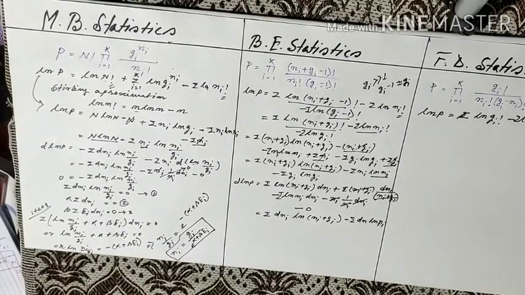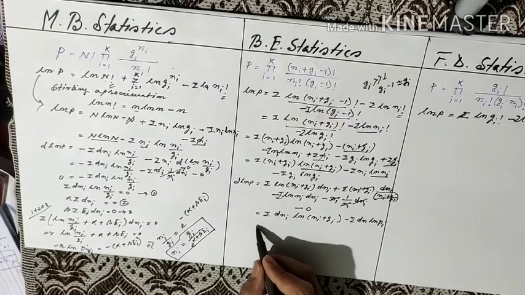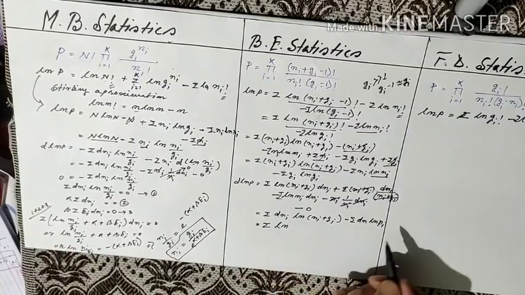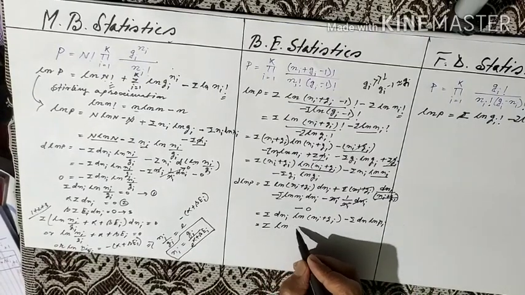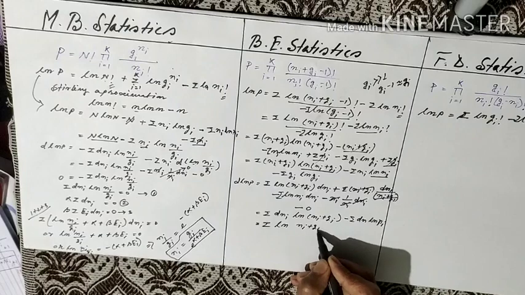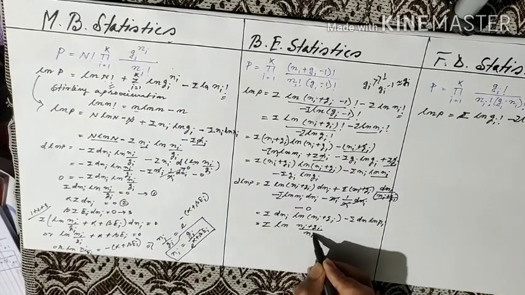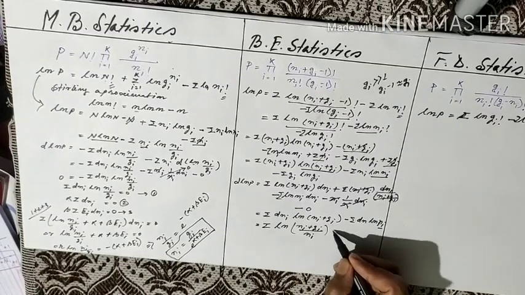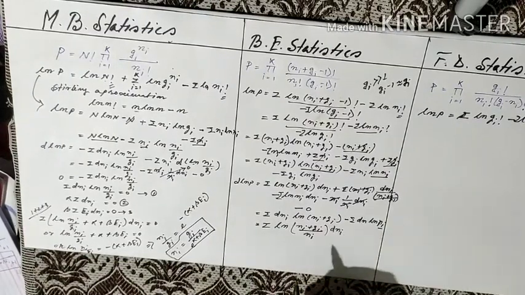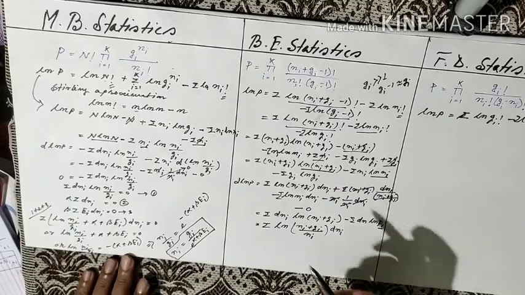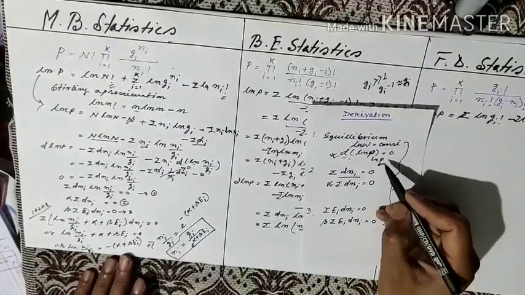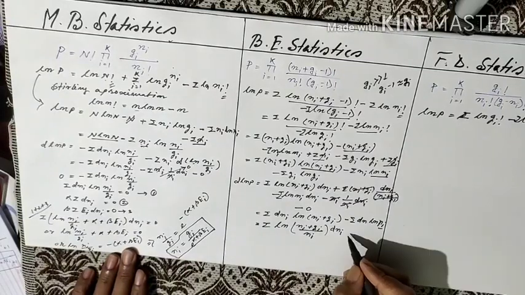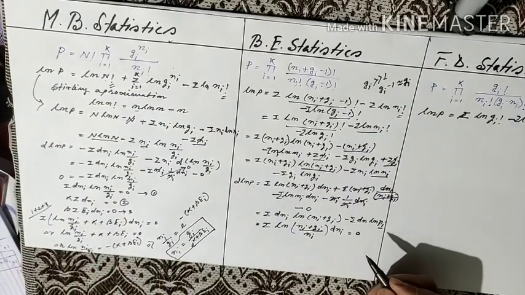Okay, so rearrange it. This is plus, this is minus, so I can write summation of ln ni plus gi divided by ni into dni. dni is common. Now according to the condition, the left hand side is equal to 0, so I can put this directly equal to 0.